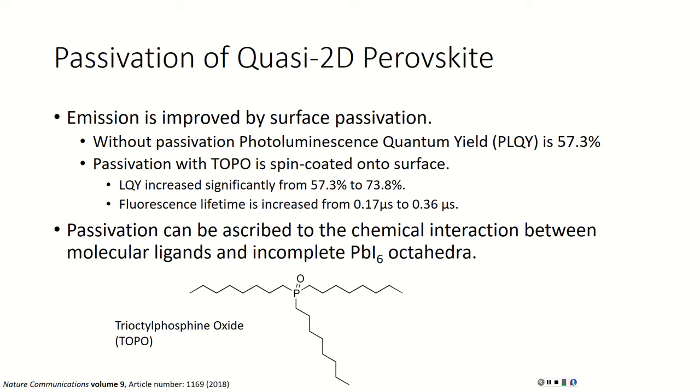But if you don't really know what passivating means, it just means it's binding to the molecular ligands. And in this case, since the perovskite has the octahedral cage I was mentioning, it was binding to the uncompleted octahedral cage.